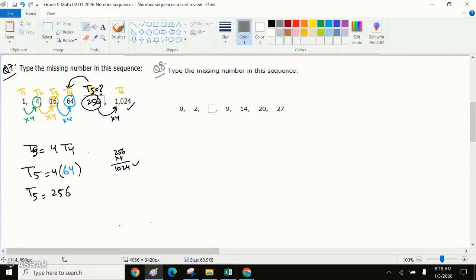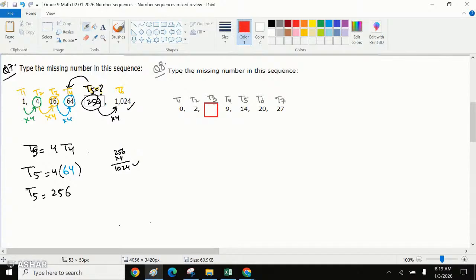It's starting from 0, right? We cannot have multiplication over here, because anything multiplied by 0 would be 0. Agreed? We have to find the missing term, that is term number 3.